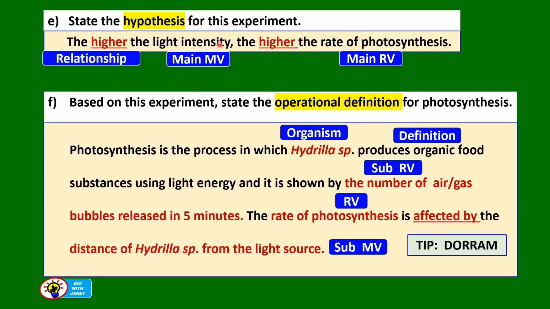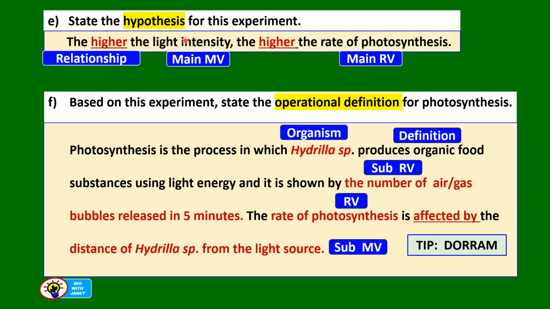Next, the hypothesis for this experiment. Very simple. The higher the light intensity, the higher the rate of photosynthesis. Note that I'm using the main MV, the light intensity, and the main RV, which is the rate of photosynthesis. This is the proper hypothesis. So can we write the shorter the distance between the light bulb and Hydrilla species, the more the number of gas bubbles released?